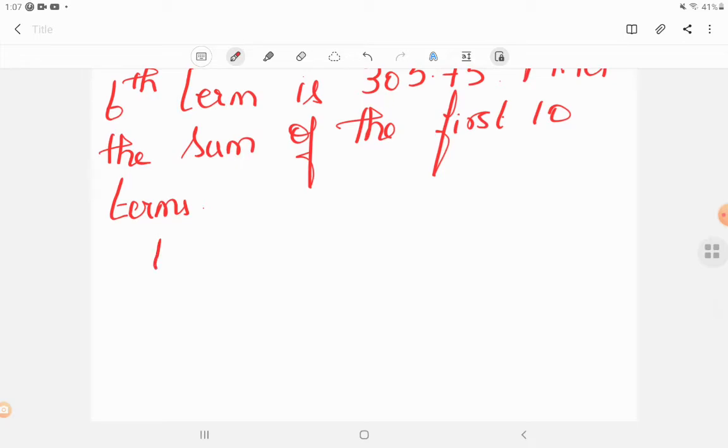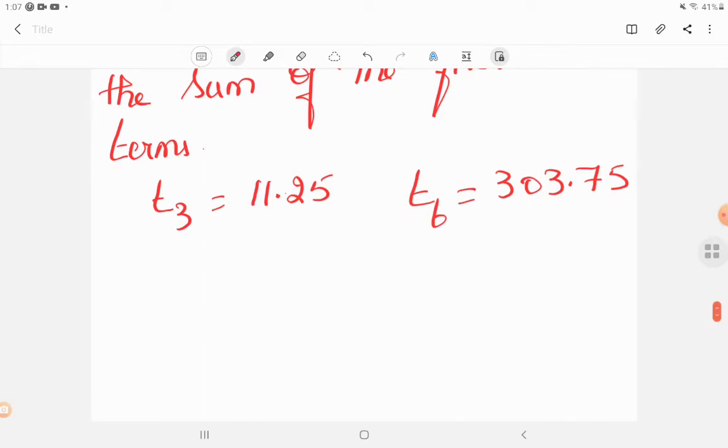So first of all, we will write T3 is equal to 11.25, and here the sixth term is given. So T6 is equal to 303.75. So what we do here, we use this explicit rule, or we call it the general rule: Tn is equal to a r to the power of n minus 1.